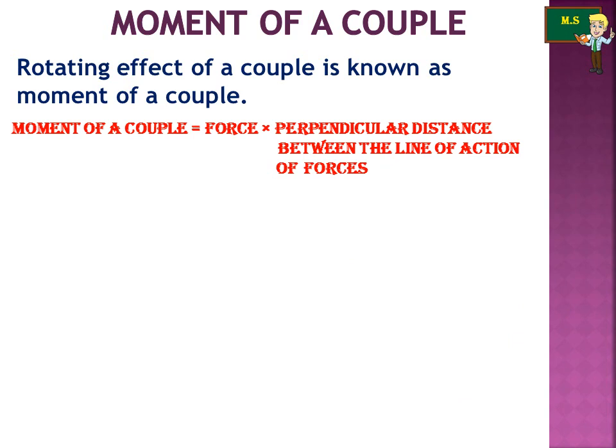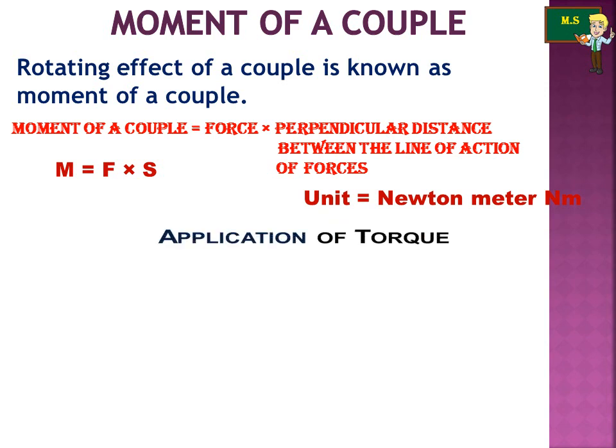Moment of a couple is equal to force into perpendicular distance between the line of action of the forces. Let us denote this as M equal to F into S, and its unit is Newton meter, Nm. Let me show some applications of the torque here.